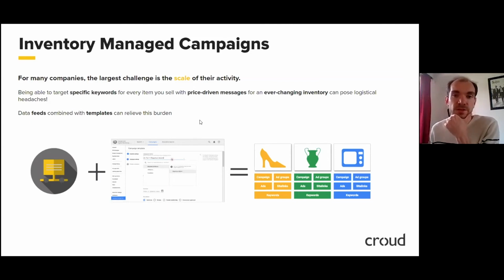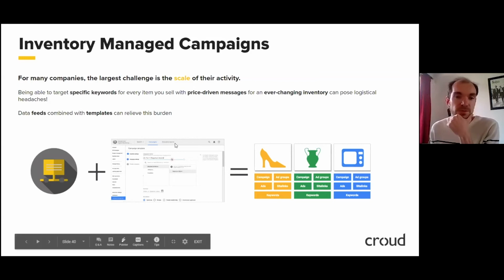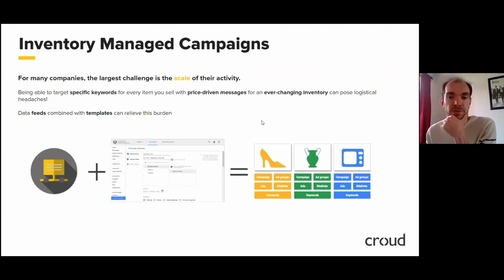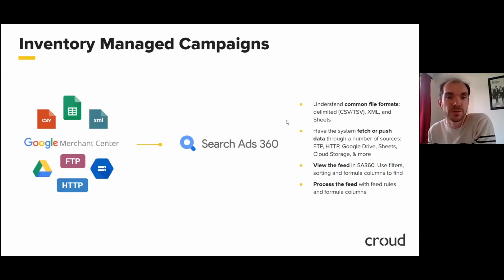Usually you'll have every item continuously updated, and it's hard to keep up with your account structure to reflect those changes on the website. Inventory managed campaigns will give you the ability to do that by using a data feed, which will then be combined with a campaign and an ad group template, which can help you to run this.